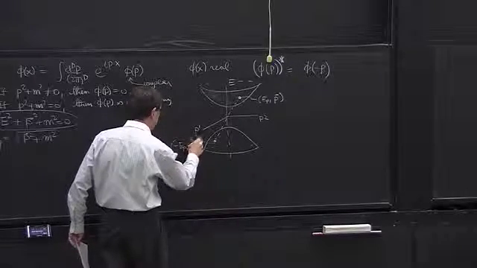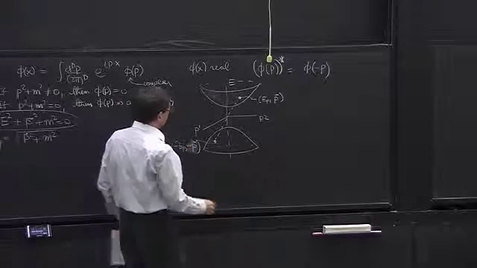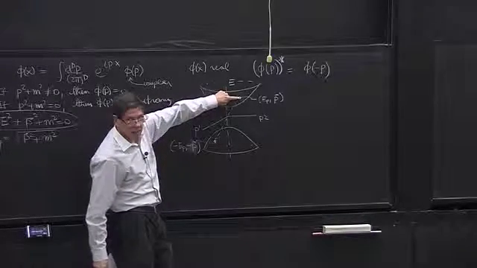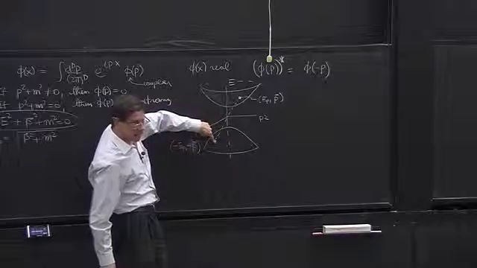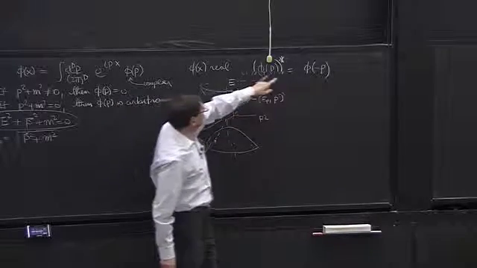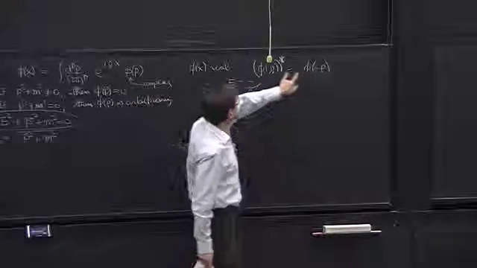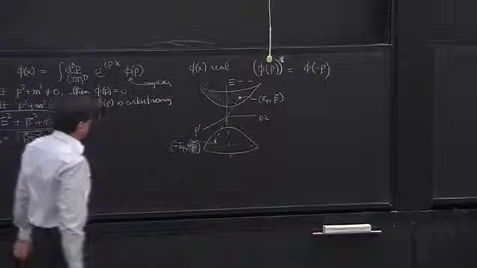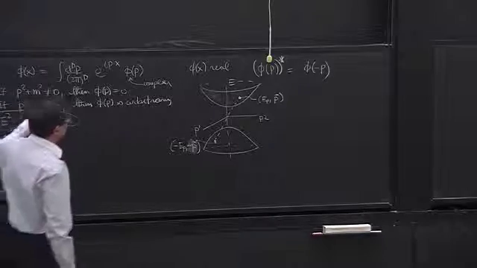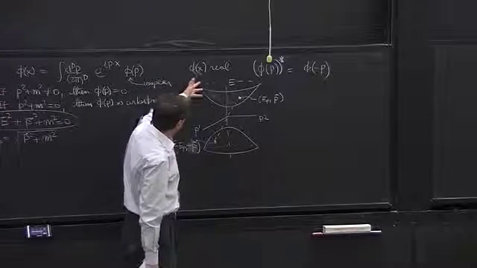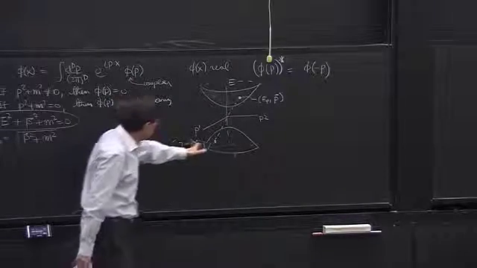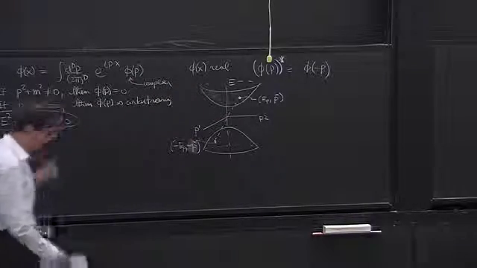And if you know φ here, you know φ at the antipodal point because of the reality condition. φ at the antipodal point is the complex conjugate of this. So it's sufficient to give the values of the scalar field on the top, and then you know the values at the bottom.